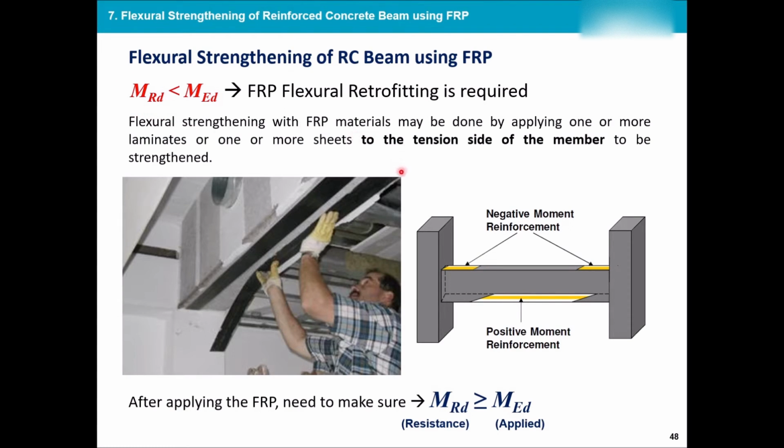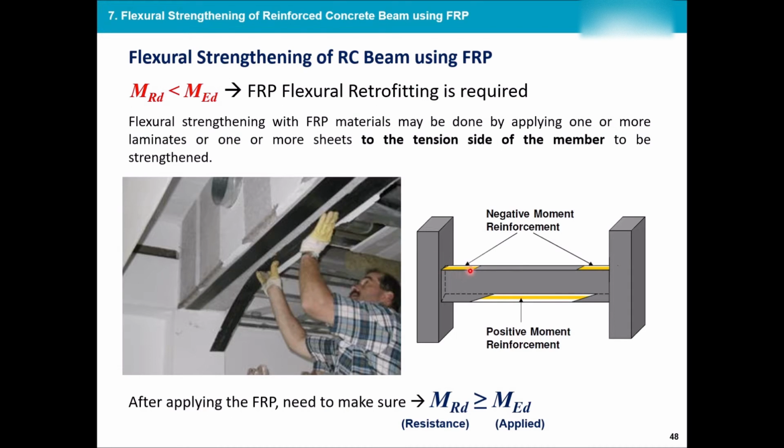As we mentioned, FRP only takes the tensile force, so we will only apply it to the base which is in tension. This is a beam with fixed ends, so you can imagine the happy face goes a little bit higher. So I have tension here, I have tension in the middle, and I have tension at the other end. So reinforcement with FRP, reinforcement with FRP, reinforcement with FRP.